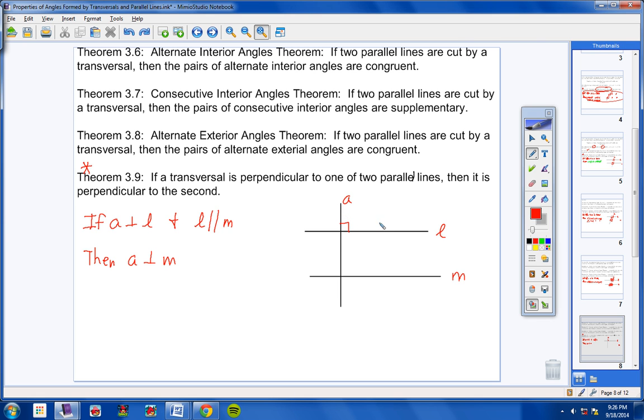A is perpendicular to L. So if you have two parallel lines, which we do, and your transversal is perpendicular to one of the lines, then it's also going to be perpendicular to the other line. So I can state A is perpendicular to M. And that's what that theorem is saying. Okay, I'll pause just a second and give you a second to finish writing this down, and then we're going to move on.